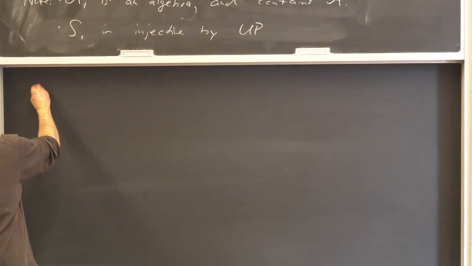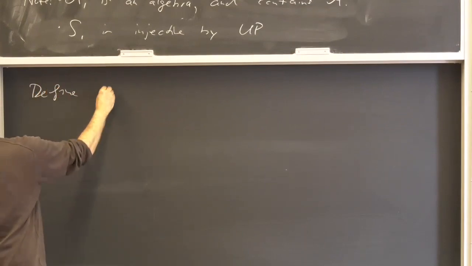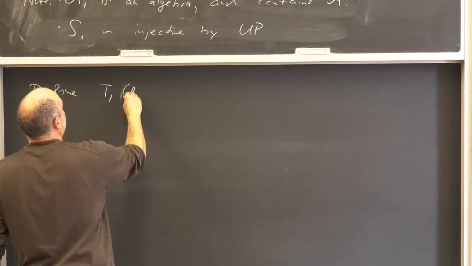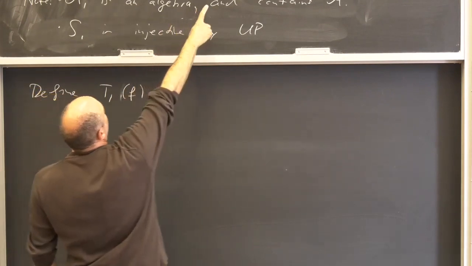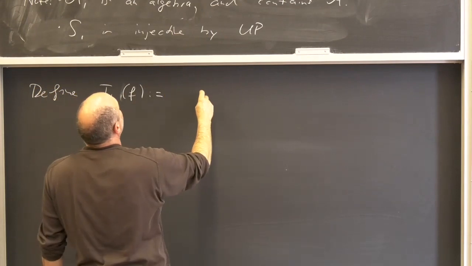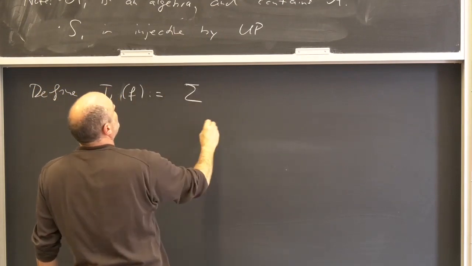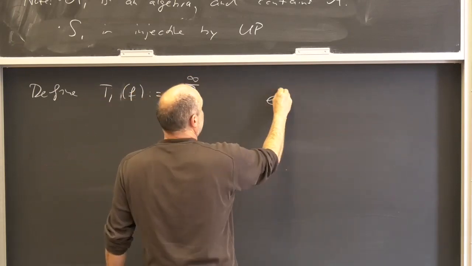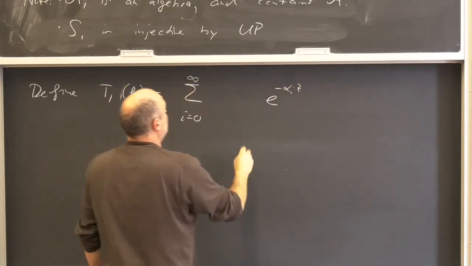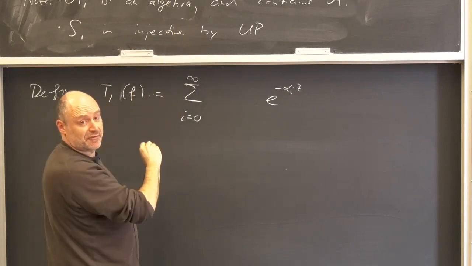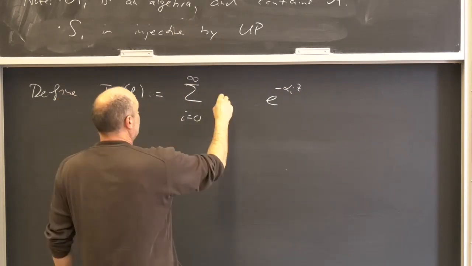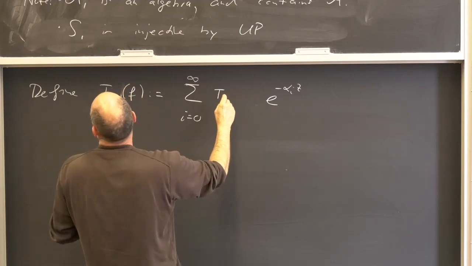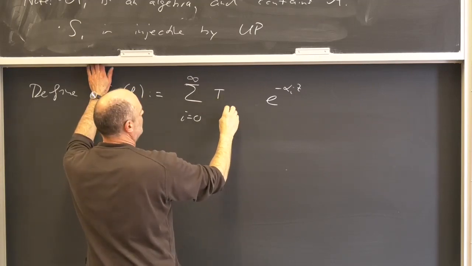Okay, so define T1 of F. That's my S1 of F. This is going to be the sum, i goes from 0 to infinity, e to the minus alpha_i z, but I replace a_i of z by the asymptotic expansion that it has, which was, oh, did I even say what that was?